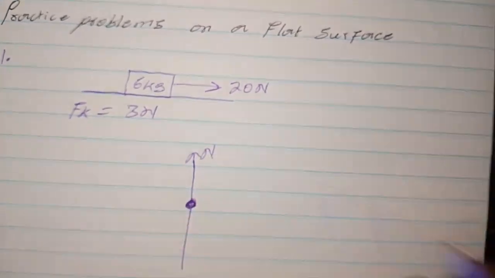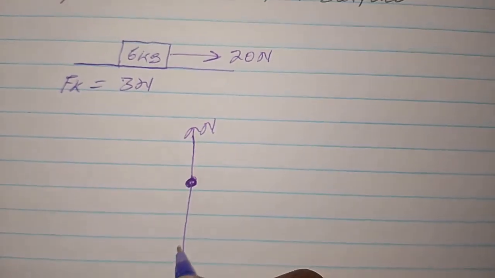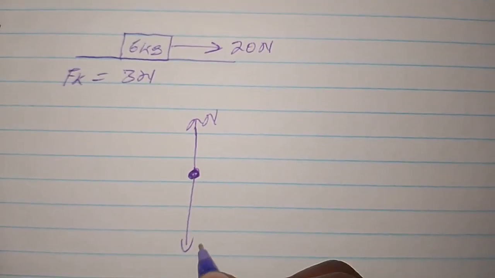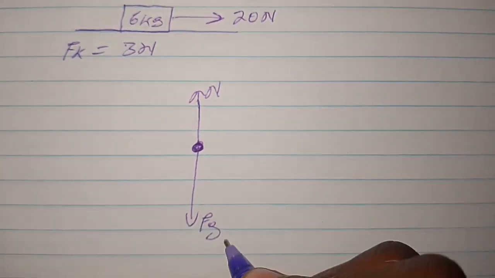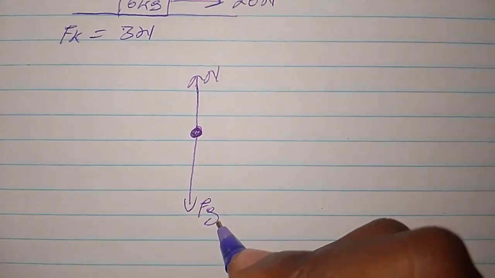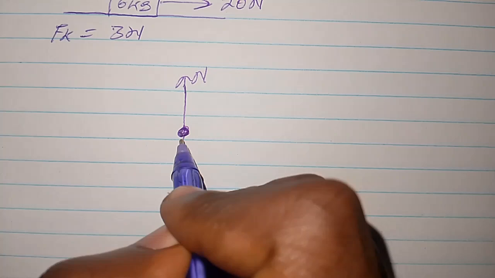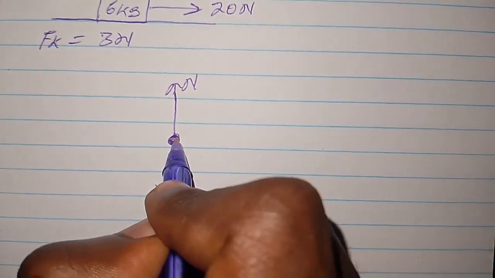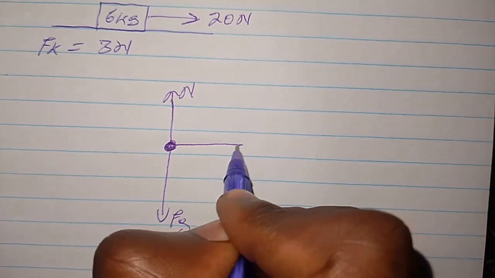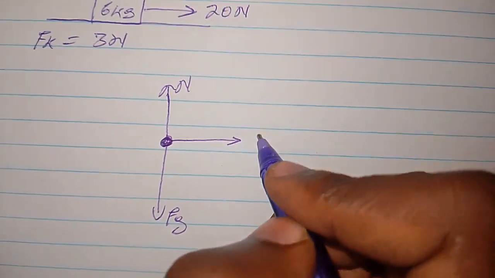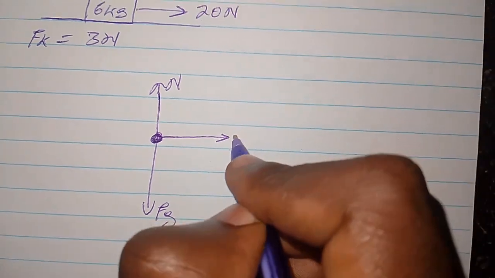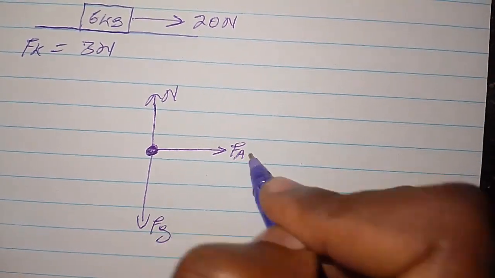So this is the normal force, or you can say Fn, and Fg for gravitational force. And then we've got an applied force to the right. The vector of the applied force will point to the right. So this is Fa.